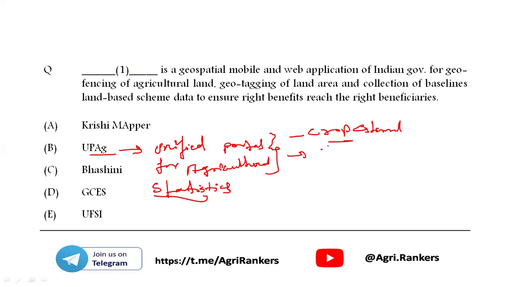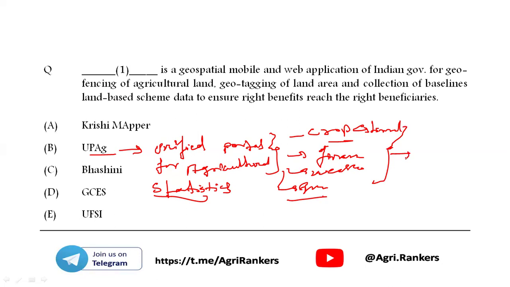Like data from the finance ministry, data from the weather department, data from import export. All this data it will take regarding all the different crops grown in the country.